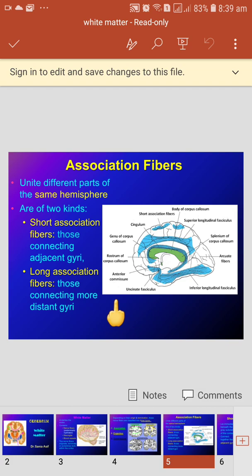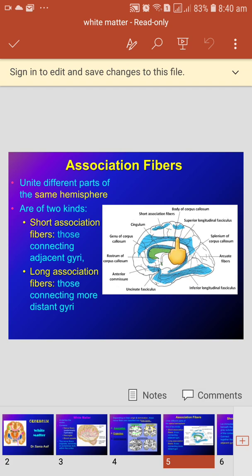These are the fibers that unite different parts of the same hemisphere. They are of two kinds, short association fibers and long association fibers. Short association fibers are those that connect the adjacent gyri. As you can see in this diagram, these are the short association fibers as they are connecting the adjacent gyri.